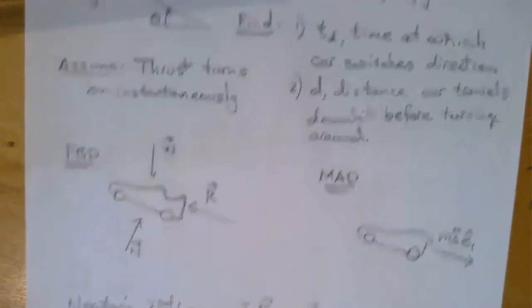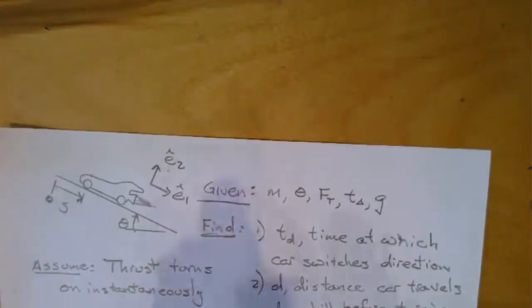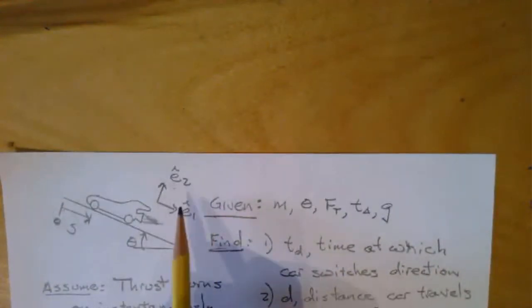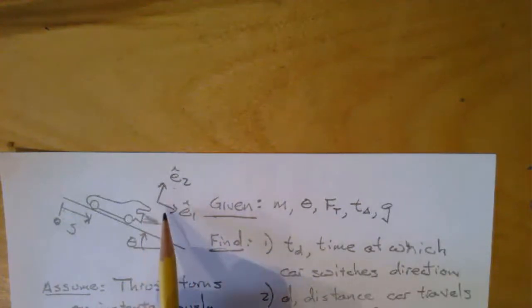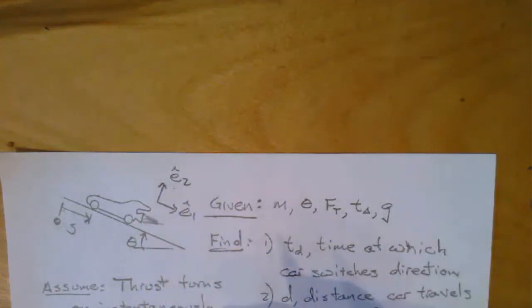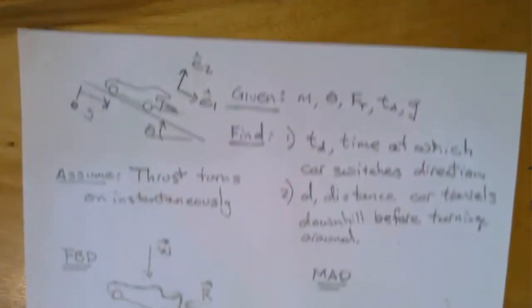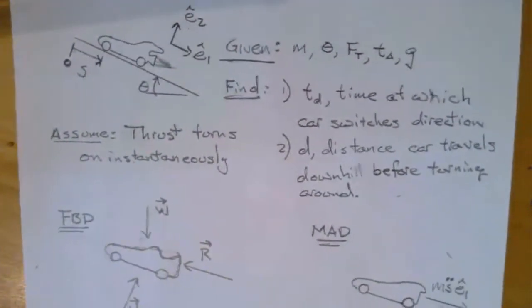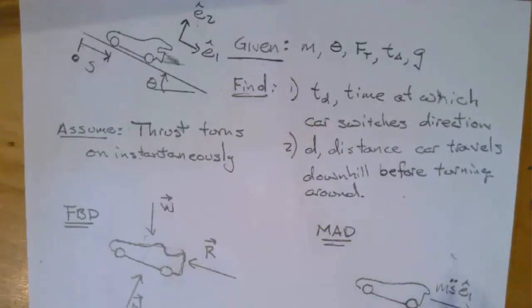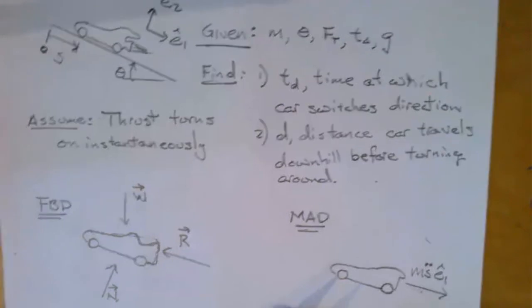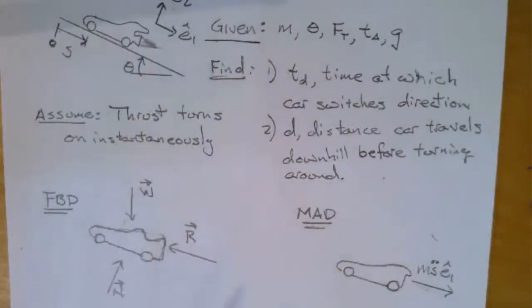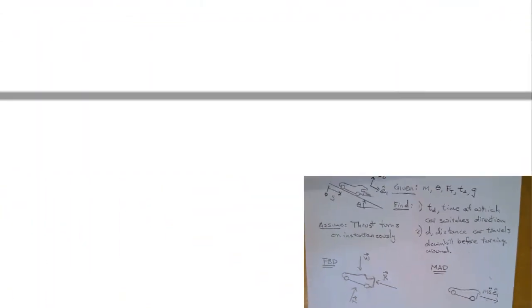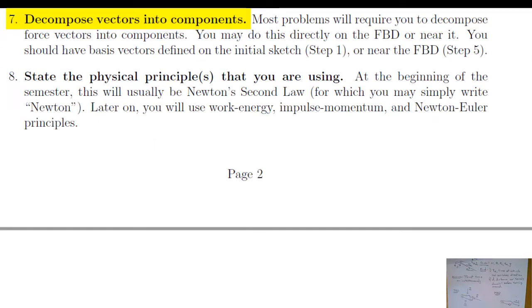So we've got basis vectors e hat 1 and e hat 2, which are perpendicular and tangent to the roadway. I'm going to express these vectors on my free body diagram and my mass acceleration diagram in terms of basis vectors e hat 1 and e hat 2. That means we're going to decompose the vectors.